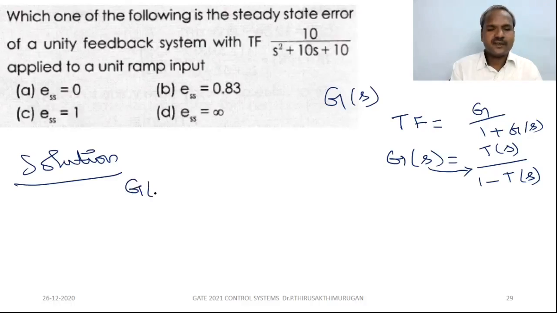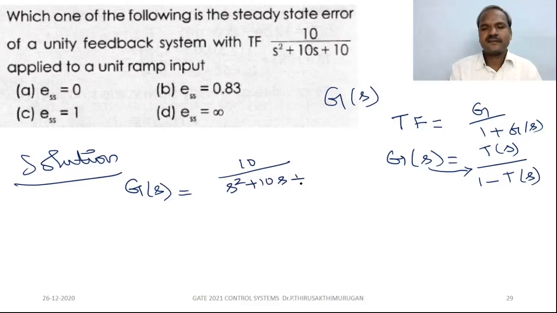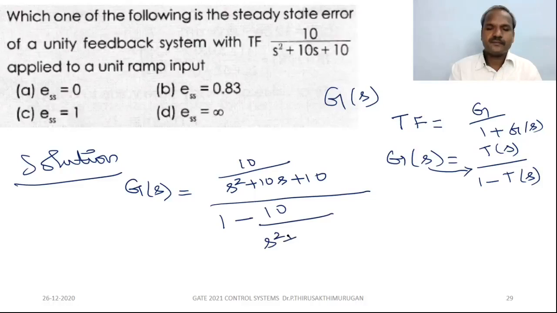G of S equals T of S, 10 divided by S square plus 10S plus 10, divided by 1 minus 10 divided by S square plus 10S plus 10. So you simplify this. Take LCM in the denominator; numerator and denominator cancel.